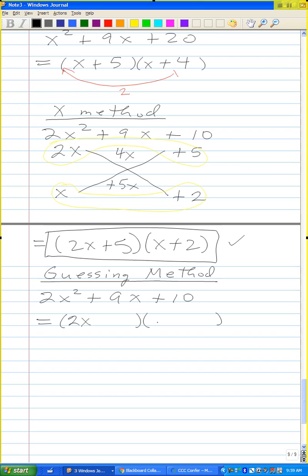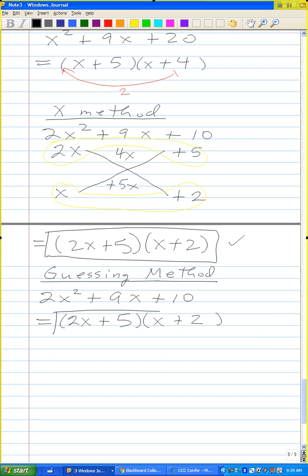So I'll put a 2x here and an x. And these are pluses, so I'll put pluses. I want to find two numbers whose product is 10. So let's say 5 and 2. And then check if this is the correct answer. 2x squared plus 4x plus 5x is 9x plus 10.